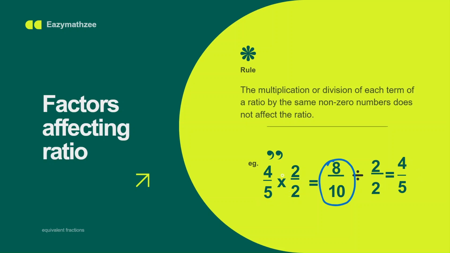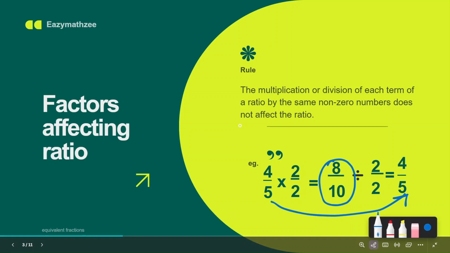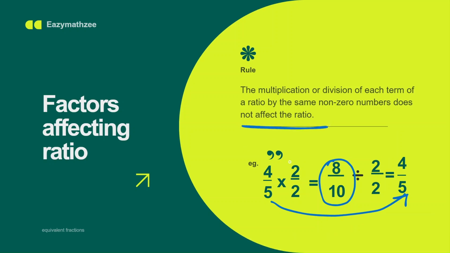So if you multiply or divide with the same number, the ratio will not change at all. That means you are going to get the equivalent fraction.